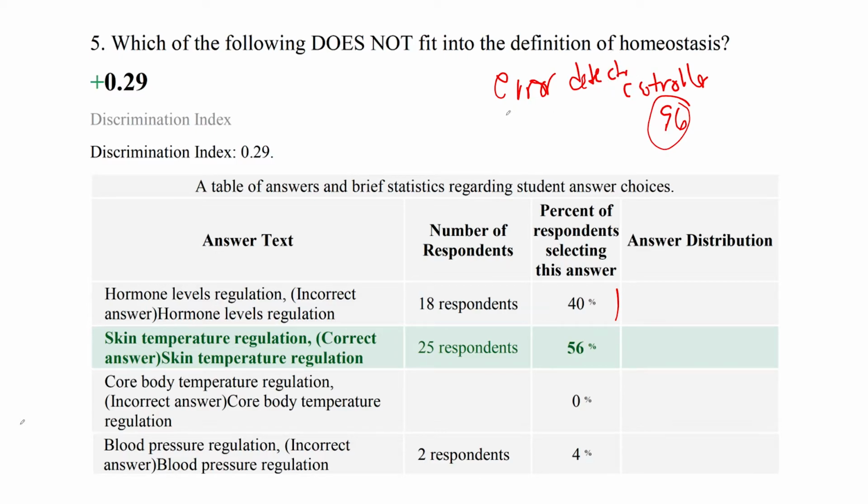There is a difference between the value of the regulated variable and the set point. If there is a difference, the error detector will inform the controller, and the controller will activate the effectors. There has to be an actual change in what the body is monitoring.